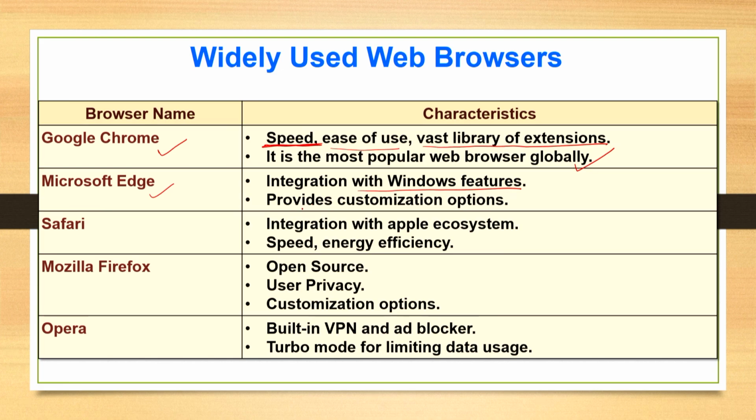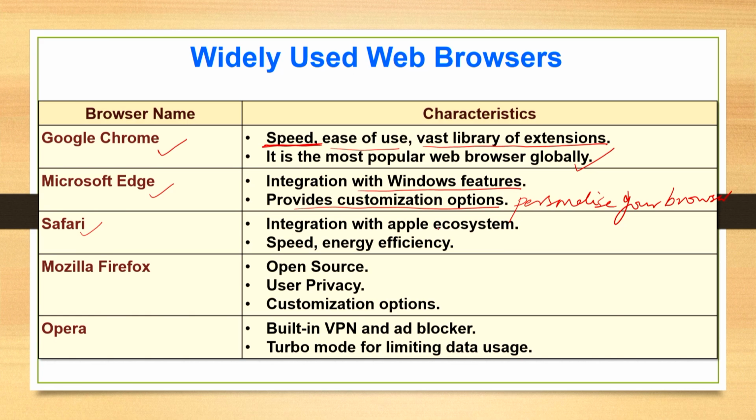It provides customization options. Customization option means what? Personalize your browser. Personalize your browser means what? It can personalize your browser with themes, extensions and settings that can greatly enhance your browsing experience.